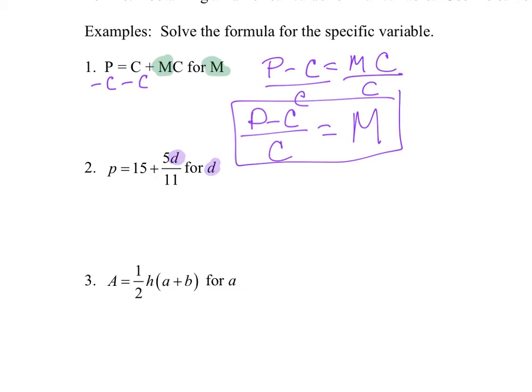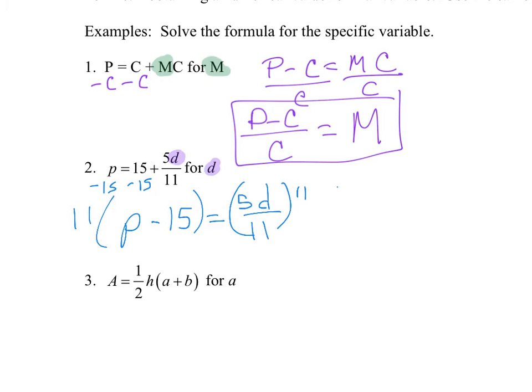Okay, now I'm looking for little d. So I'm going to subtract the 15. P minus 15 is equal to 5d over 11. Now I'm going to strip the 11 off by multiplying both sides by 11.